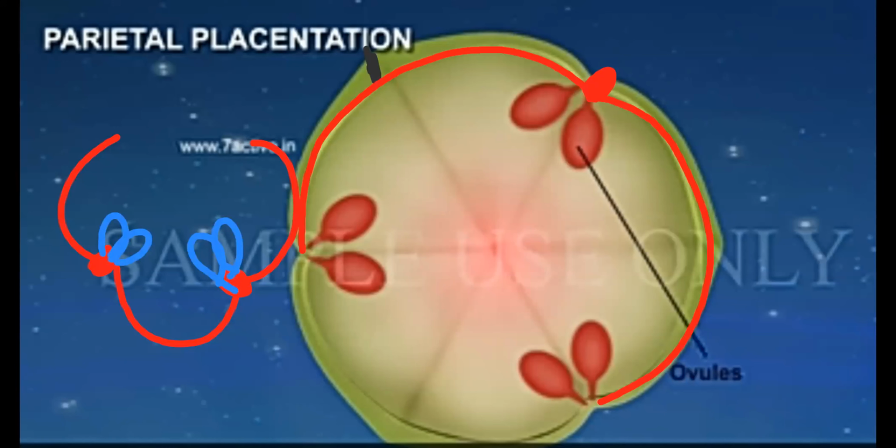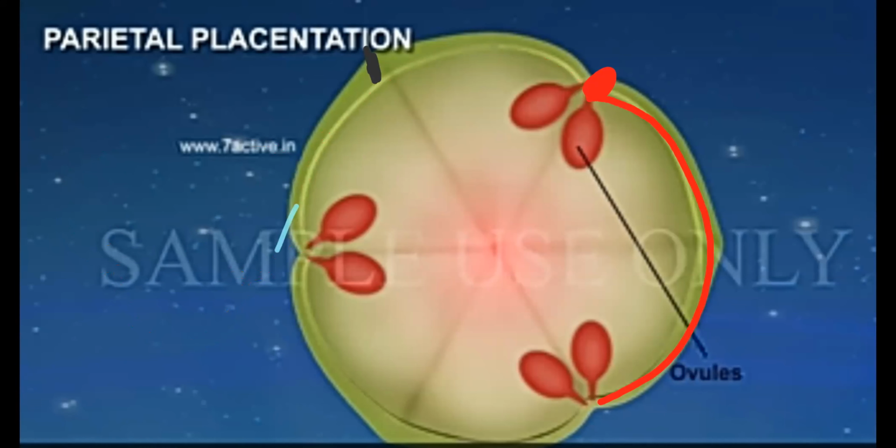So here placenta forms at the periphery where the adjacent carpels fuse with each other, right? That we call parietal placentation.